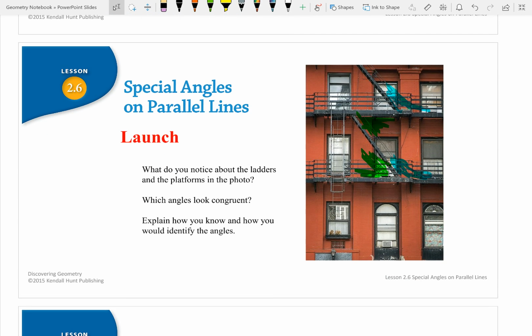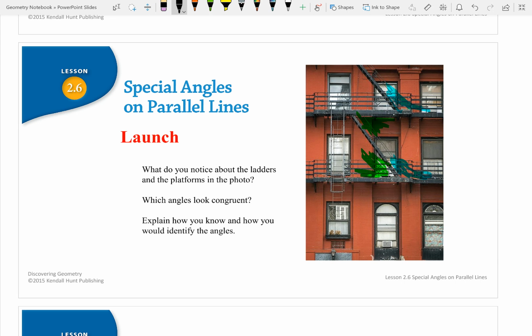As a launch, what do you notice about the ladders and the platforms on the photo? Well, the platforms look parallel, and the ladders are intersecting the platforms. Which angles look congruent? Well, I already marked them here, but the green highlighted angles between the two platforms and on the opposite side of the ladder look congruent.